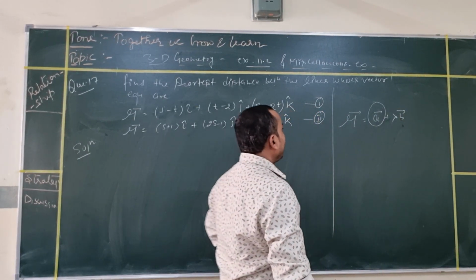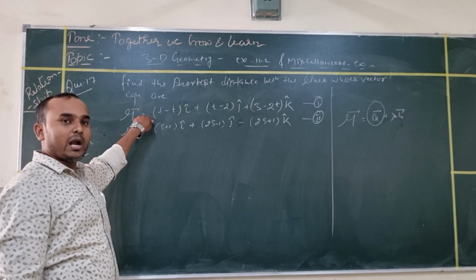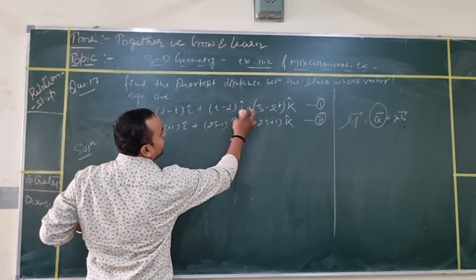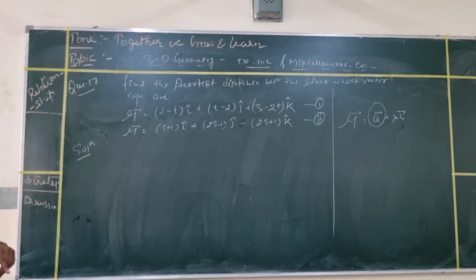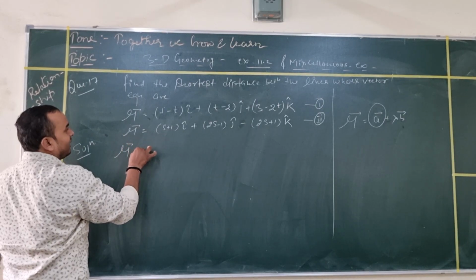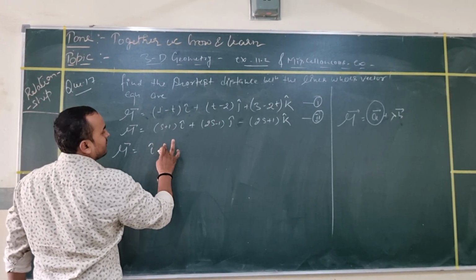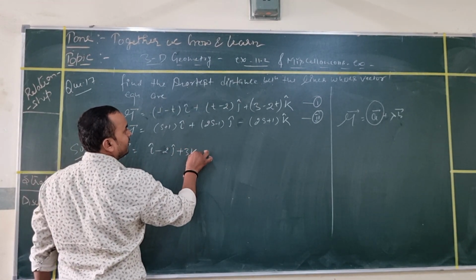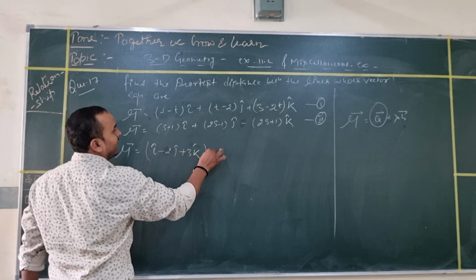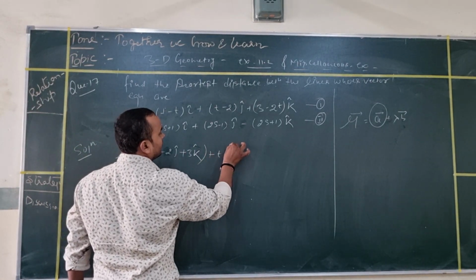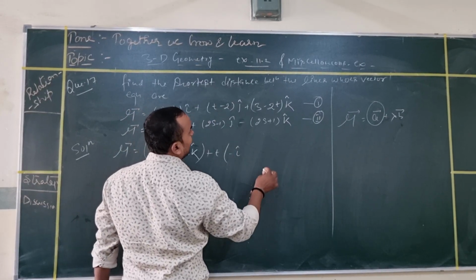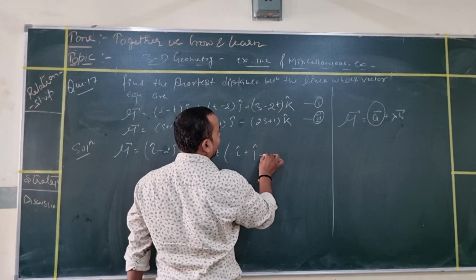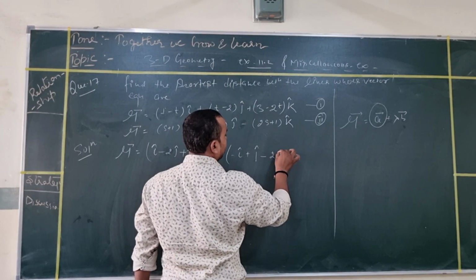So first we convert this equation into standard form by taking t as common. We get r vector equals i cap minus 2j cap plus 3k cap, plus t times (minus i cap plus j cap minus 2k cap).